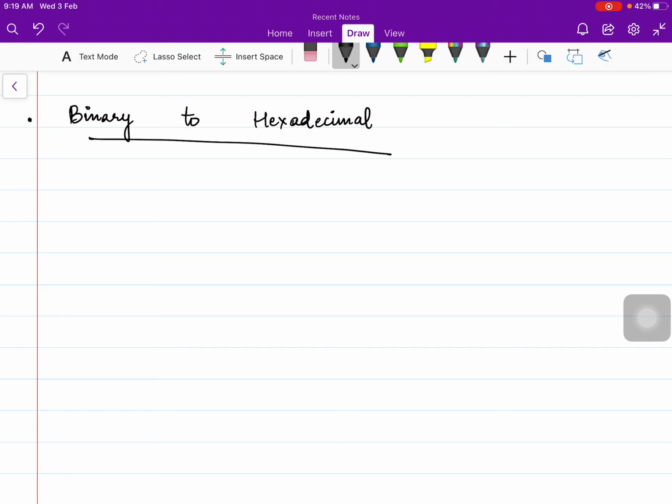For example, you are given a binary number like this, and you have to convert it into hexadecimal. So what is the process? Now everybody look here carefully. See, now on either side of the number systems, you don't have the decimal number system present.